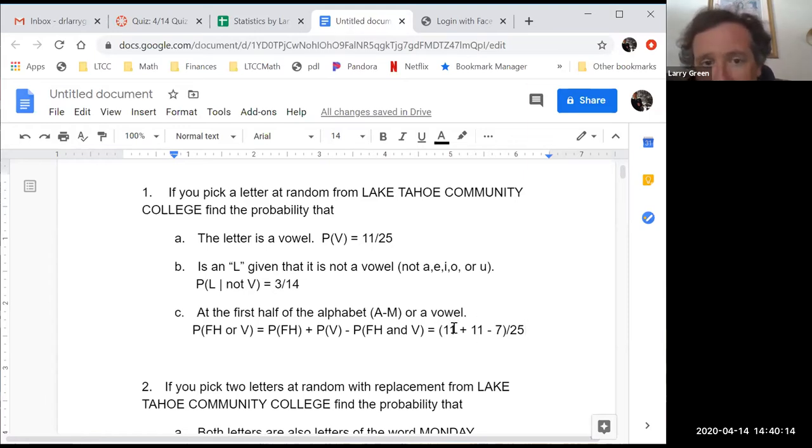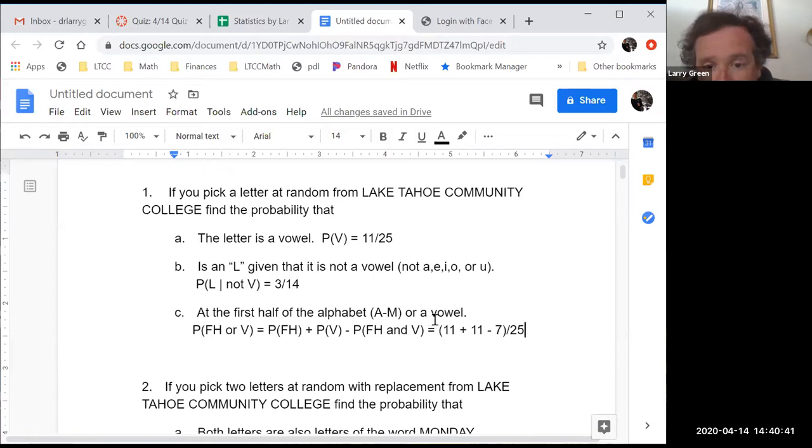The 17, did I count wrong? On the first halves, you mean? Let me double check that. So lake, L-A-K-E, and then A-H-E, and then C-M-M, and then I, and then C-L-L-E-G-E.